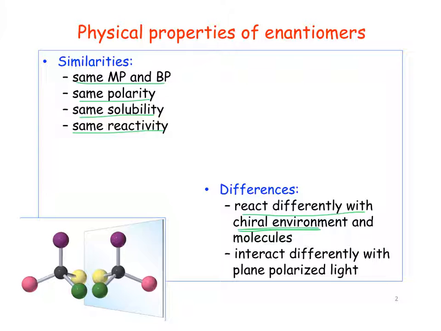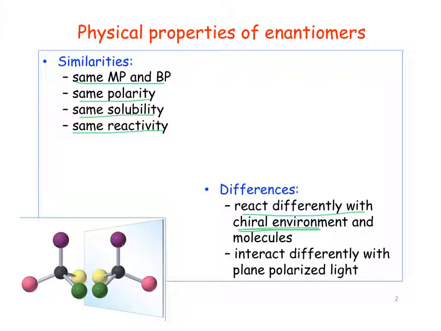All right, so they have the same reactivity in an achiral environment, but they can have different reactivities in chiral environments. An example of that might be a drug molecule that's chiral will react differently than its enantiomer if it binds to a protein, because proteins are chiral molecules as well.